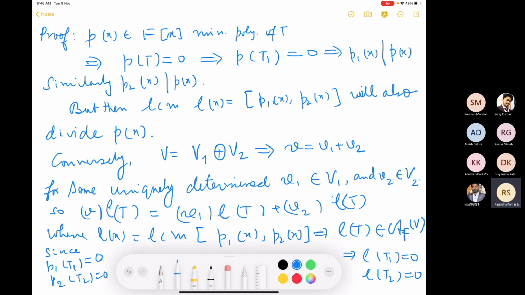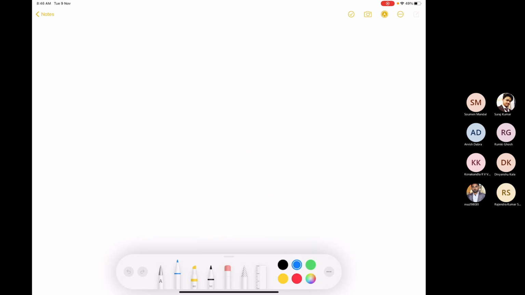This forces that v L(T) will be 0 for every v in V. So L(T) will be 0.